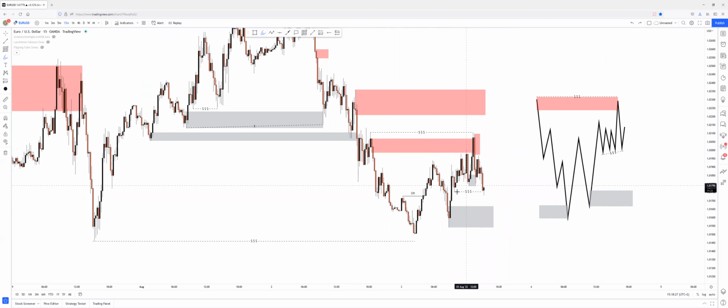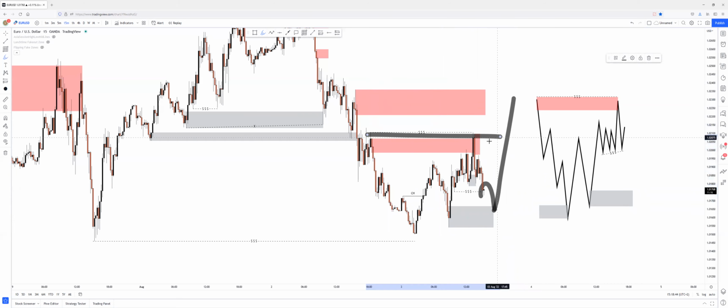If all of these orders and stop losses are collected somewhere around here, then demand will be tapped and confirmation will happen. With the power of these new orders that can be opened here on this block, it will help us push price to new heights and sweep this upside liquidity.